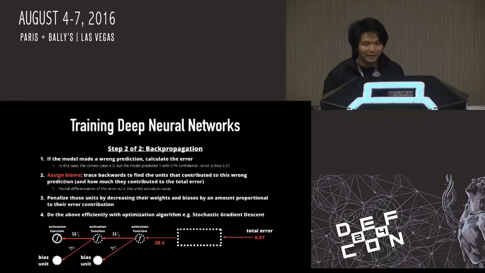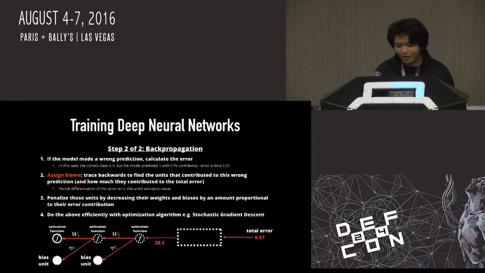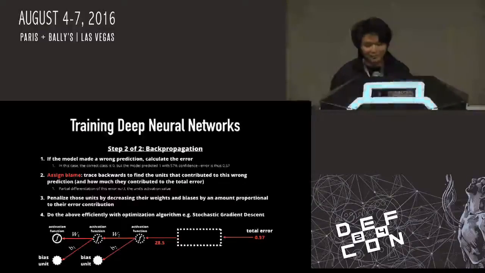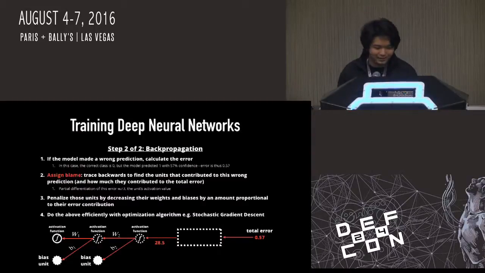So let's say you find that a particular path of units is particularly bad at giving you predictions for something that you're trying to learn, then you just decrease their weights and you block them out. All of this can be optimized with certain algorithms like stochastic gradient descent, which is basically trying to find the local minima in a particular problem space.